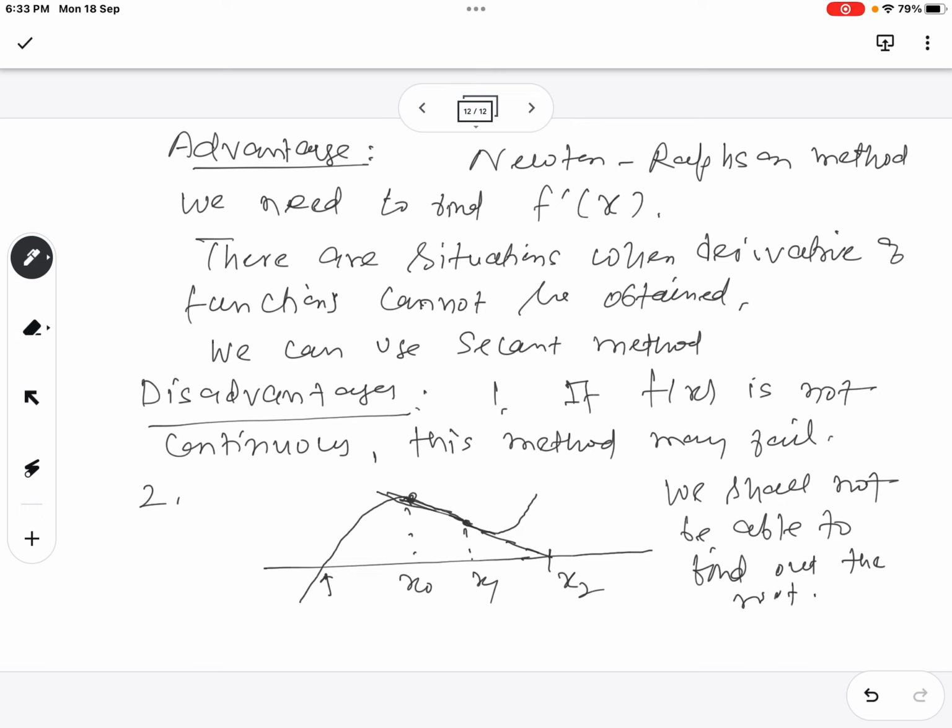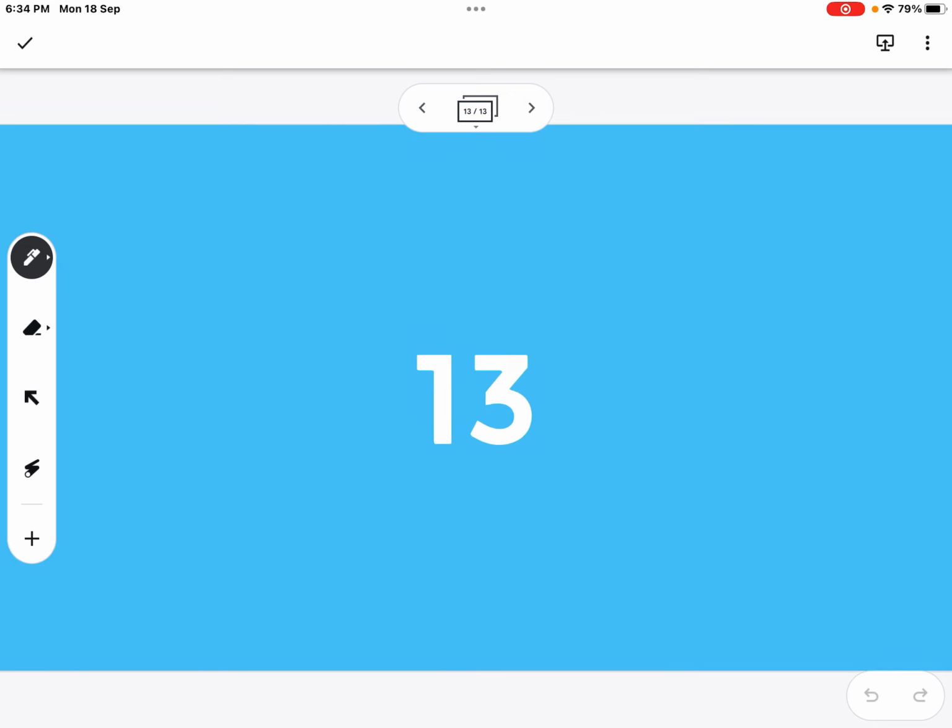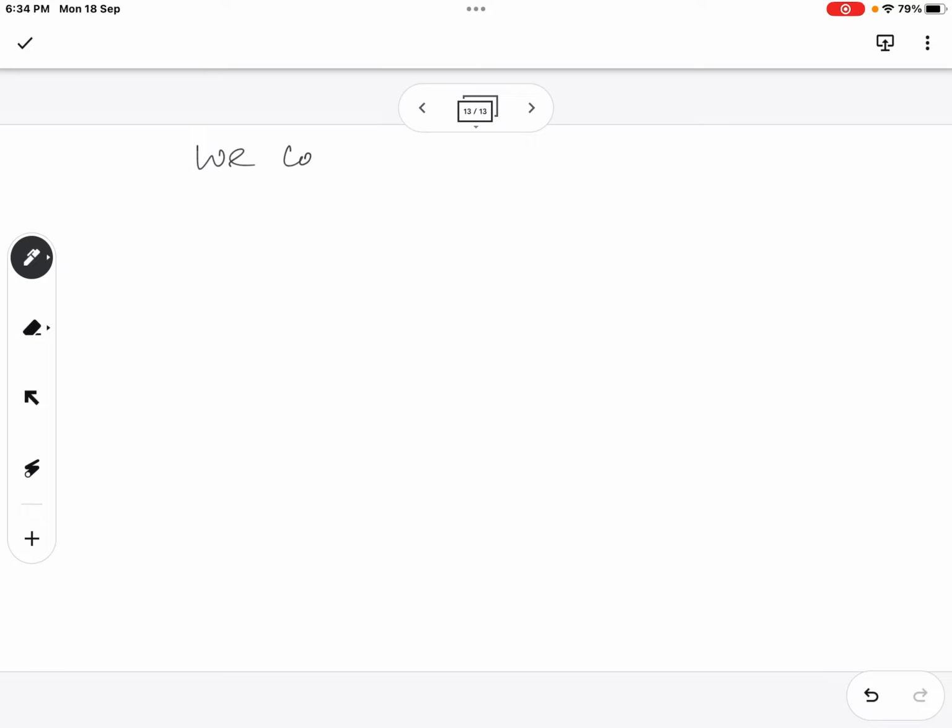So a remedy to this could be that we choose 2 points at the opposite sides of the curve.